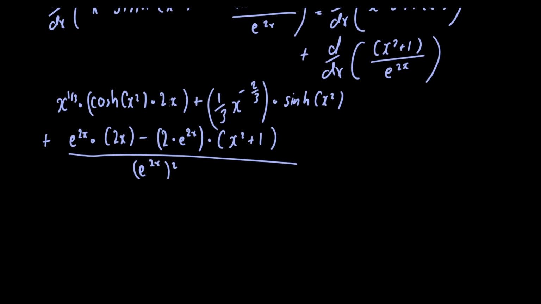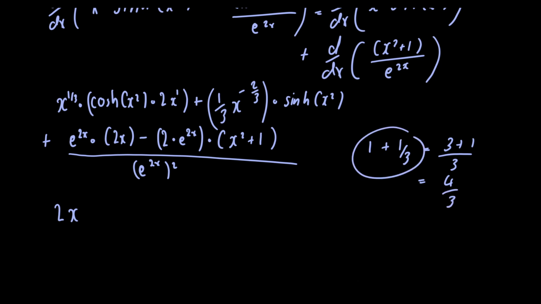So we're going to have x raised to 1 over 3 multiplied by hyperbolic cosine of x squared multiplied by 2x. So we have x to the first power here and x to the 1/3 power here, so 1 plus 1 over 3 is equal to 3 plus 1 over 3, which is equal to 4 over 3.